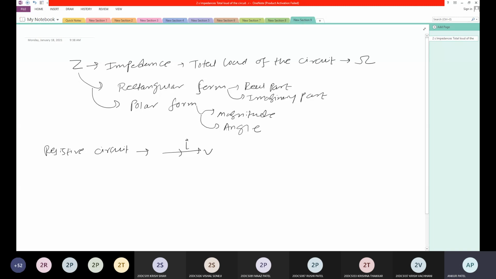Average power for a resistive circuit is P equal to VI cos phi, but cos phi is 1, so P is equal to VI.